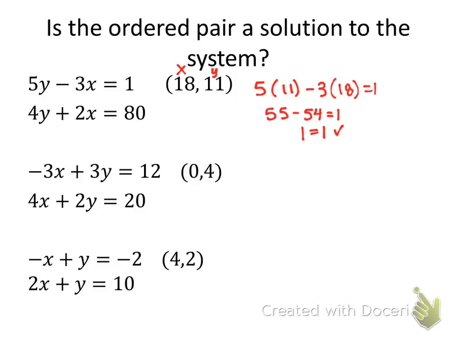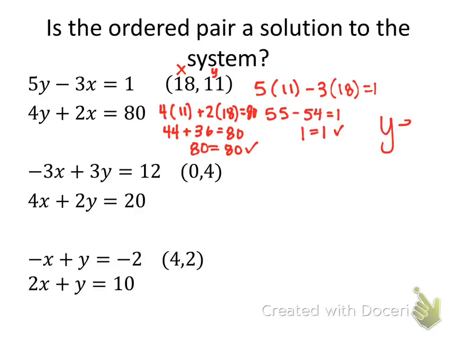Now let's do the other one. 4 times 11 plus 2 times 18 equals 80. 44 plus 36 equals 80, and 80 does equal 80. So we know that the answer to this one is yes. This is what you're going to want to box in right here. Yes.